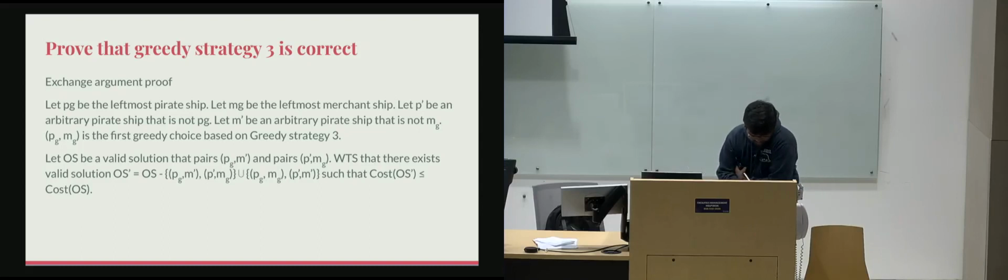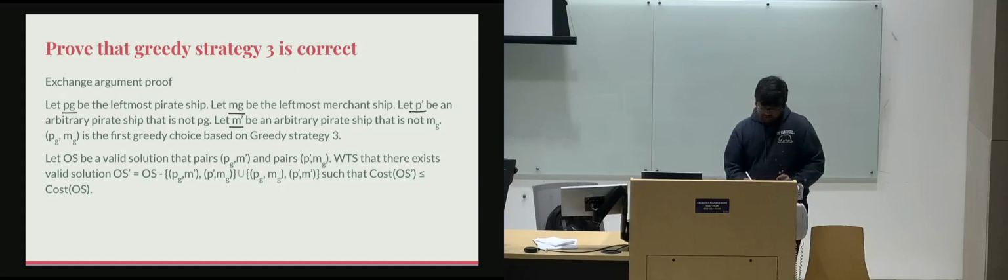Let PG be the leftmost pirate ship that you have to pair with something, and let MG be the leftmost merchant ship that is available to destroy. Let P dash and M dash be an arbitrary pirate and merchant ship.